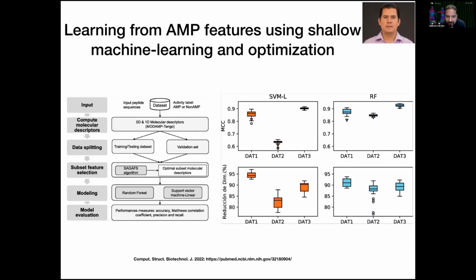So far what I have told you is that we learn how to design peptides by mimicking known antimicrobial peptides. But at this time, we realized that the use of machine learning could help us to segment the areas in the physicochemical space where we could separate antimicrobial from non-antimicrobial peptides.